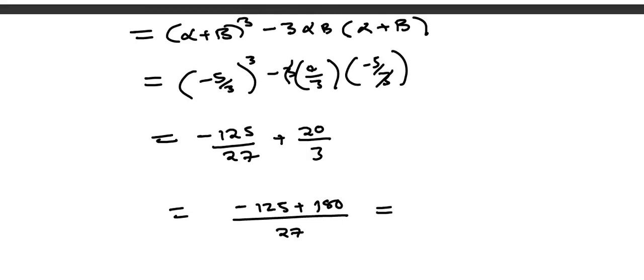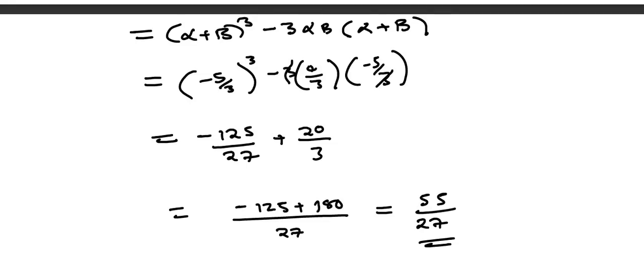So we're just saying 180 minus 125. This is going to give us 55, if I'm not mistaken, over 27. And since we cannot reduce this any further, this is basically the value of alpha cubed plus beta cubed. That's basically what you have.